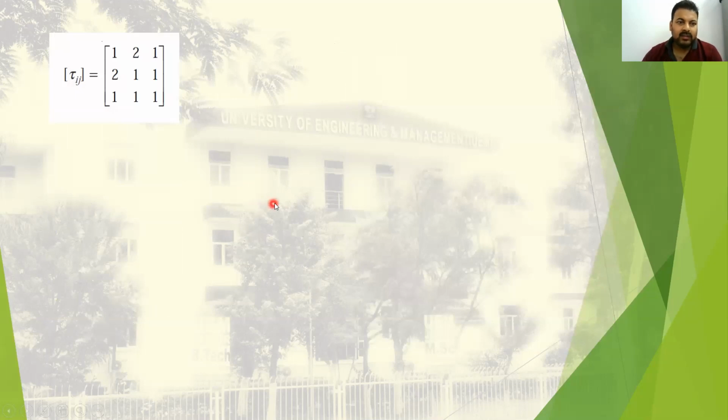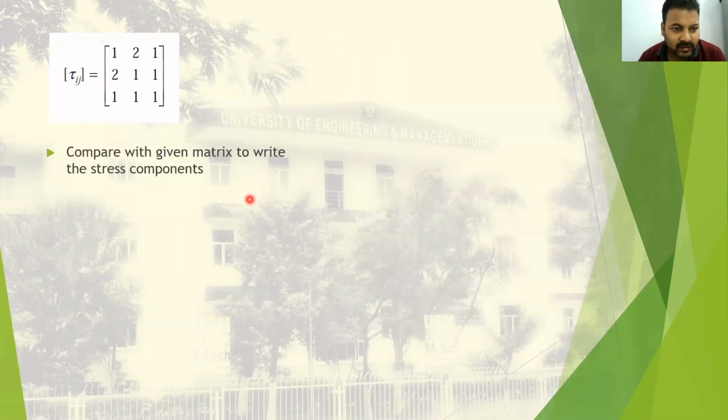So our stress matrix was like this. In order to solve it, first of all we need to compare it with the standard matrix so as to find the values of the stress components. The standard matrix is like this.